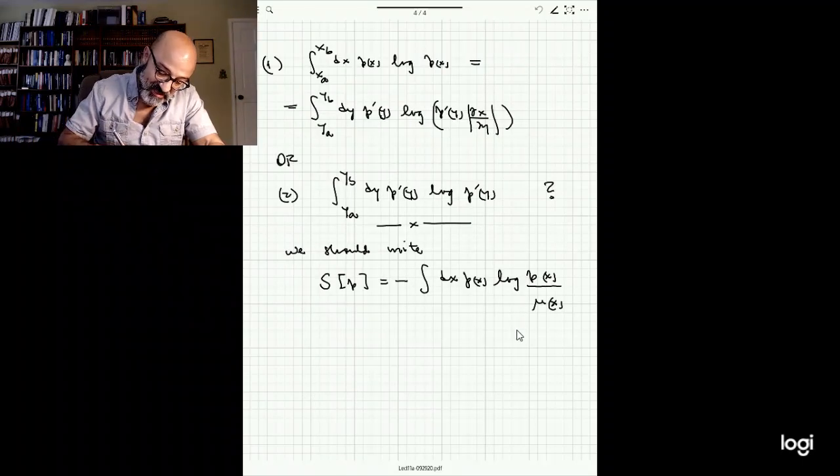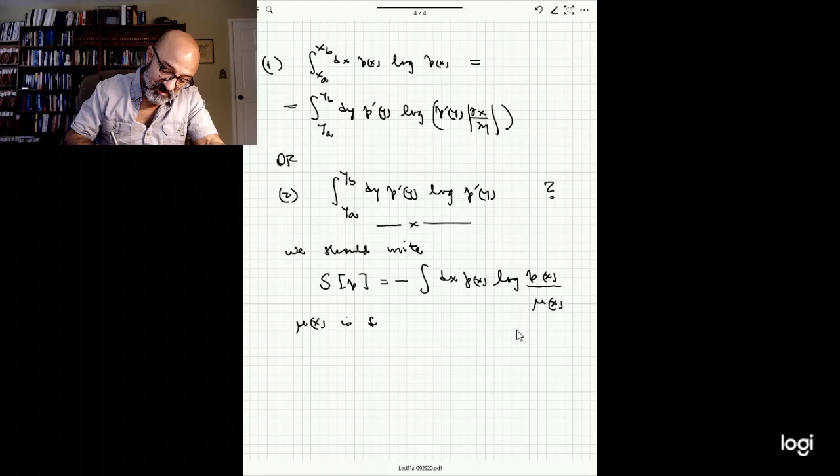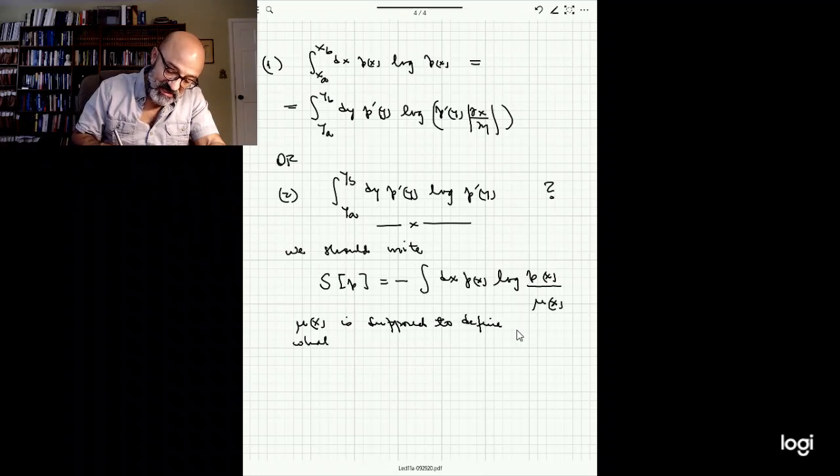So the idea here is that mu X is supposed to define what we mean by the uniform distribution.